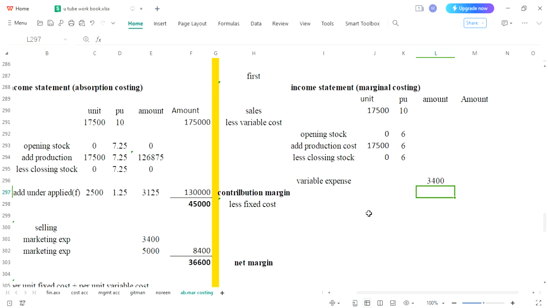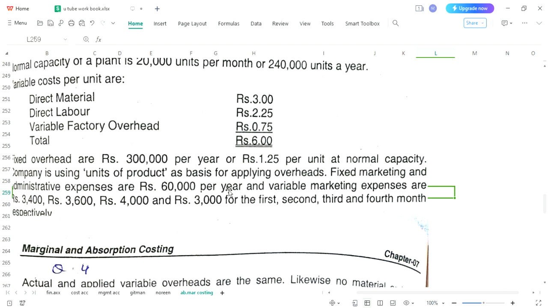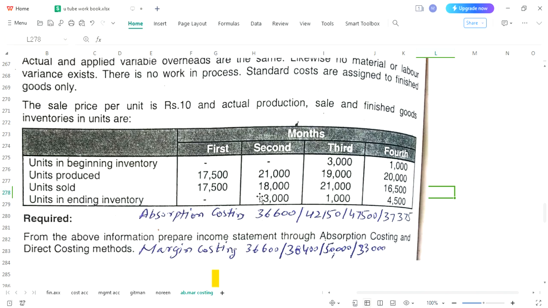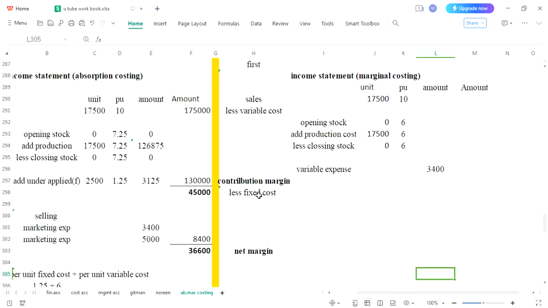Okay. So we are now going to see if there is any fixed cost. Yes, in the question there are two types of fixed costs present over here. First, these fixed marketing expenses 60,000 per year, and obviously you do not need per year, you need to have it per month.